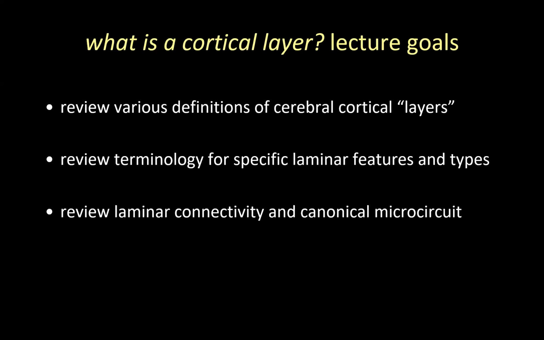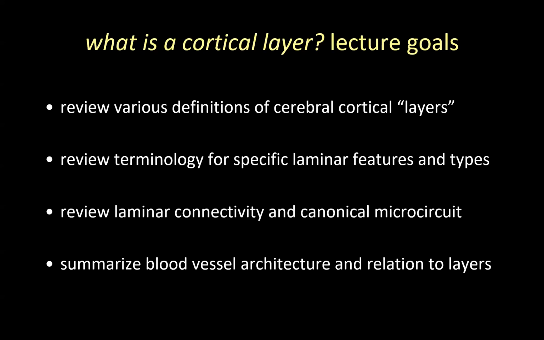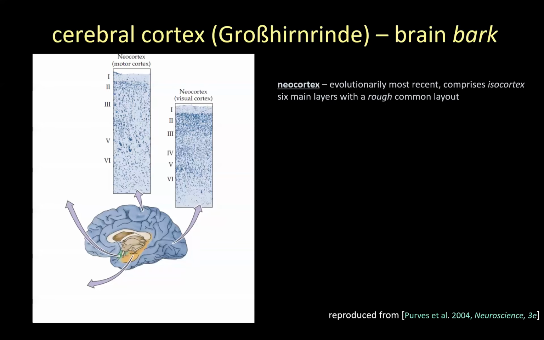And also we're going to review laminar connectivity and the canonical microcircuit. Josine already mentioned this, so I'll go over this briefly. These are, of course, important topics that anybody in the field needs to be familiar with. And then we'll talk a little bit more about blood vessel or so-called angioarchitecture and how it relates to the cerebral cortical layers. So again, kind of a simple lecture.